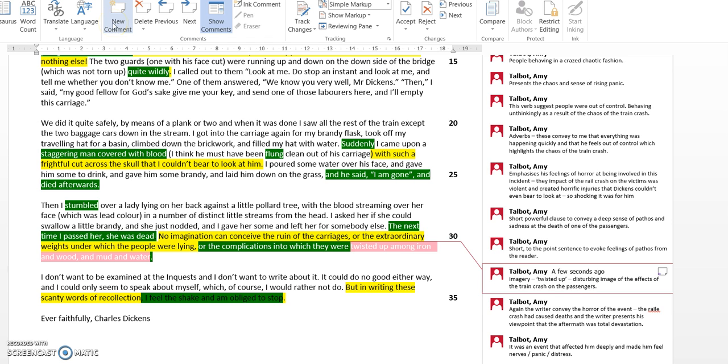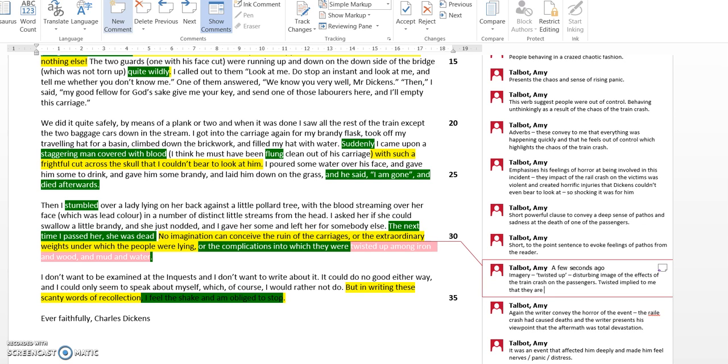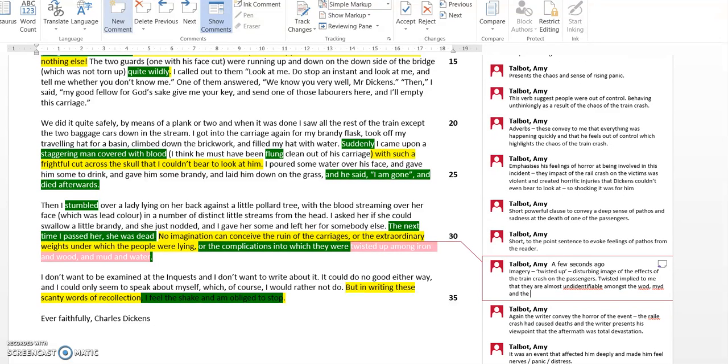Twisted implies to me that the people are almost unidentifiable amongst the wood, the mud and the water.